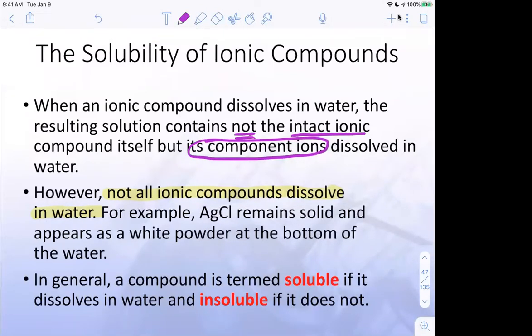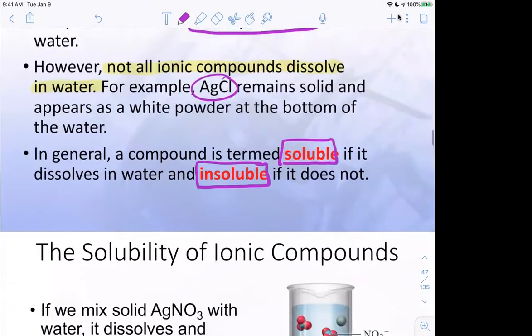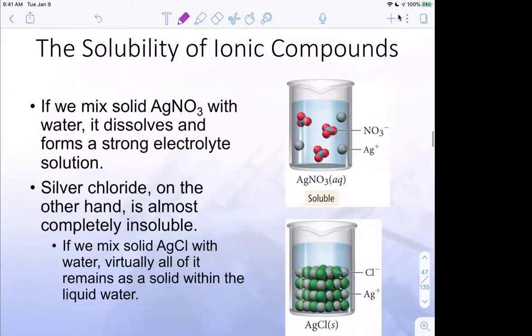For example, silver chloride remains solid and appears as a white powder at the bottom of the water. It does not dissolve in water. So we're going to use two terms to describe ionic compounds and other substances that dissolve in water or don't. If my compound dissolves in water, it's considered soluble, and if it doesn't, it's considered insoluble. Here's sort of what happens on a molecular view.